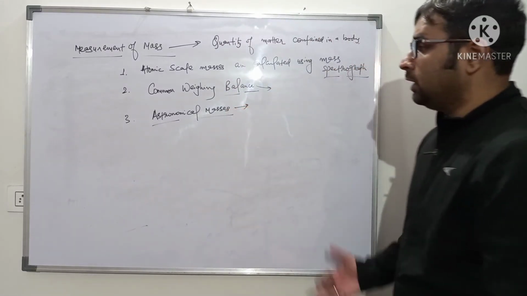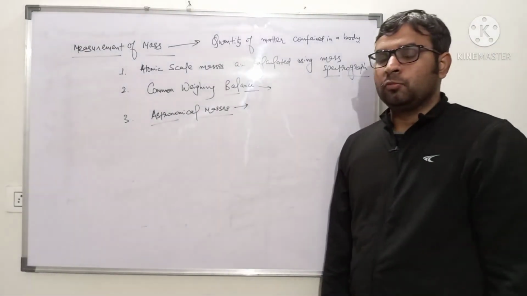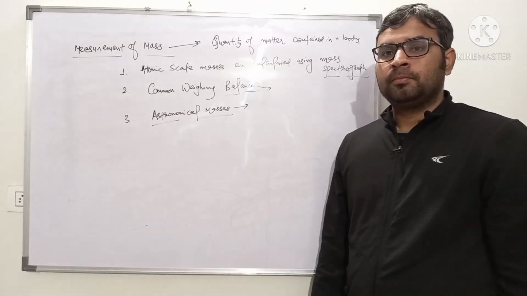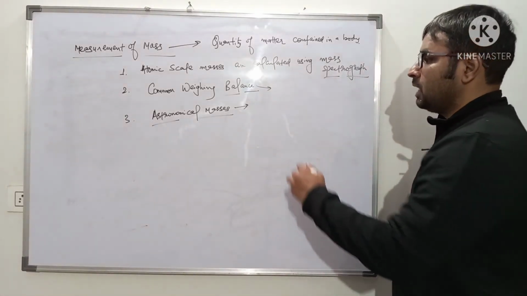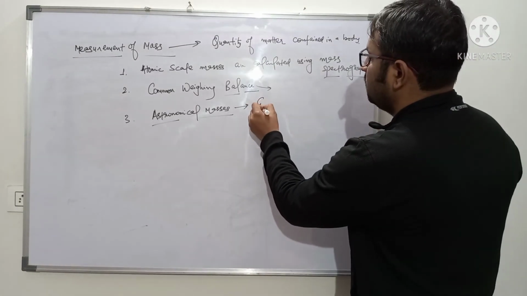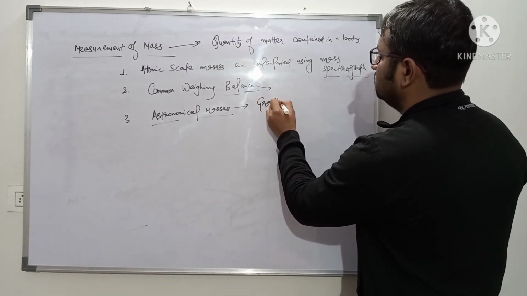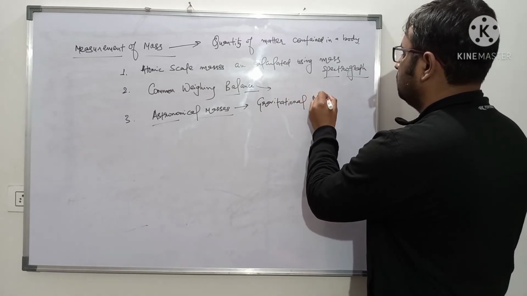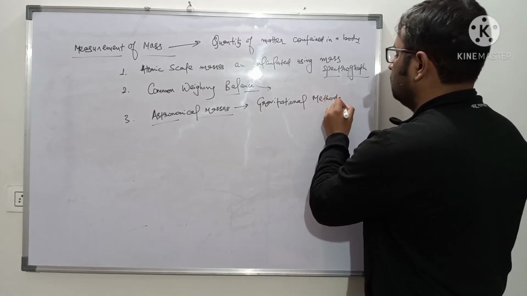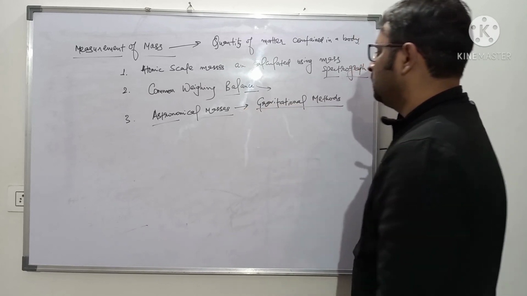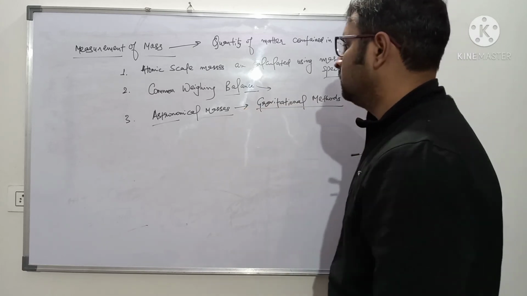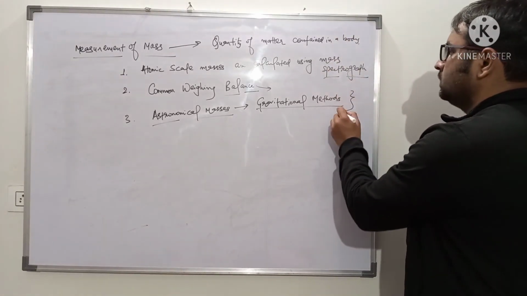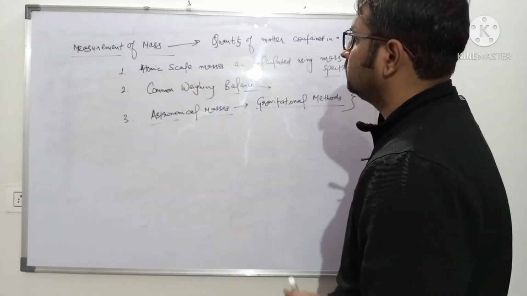What is the mass of Earth? What is the mass of Sun? What is the mass of Moon? Those masses are calculated by gravitational methods. These methods we will learn in the chapter on gravitation. This is just for introductory purposes.